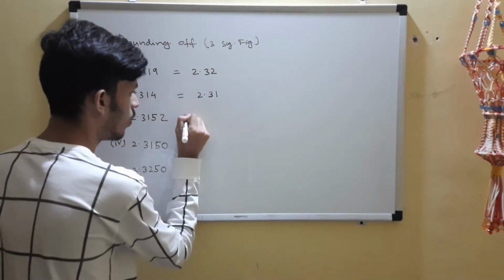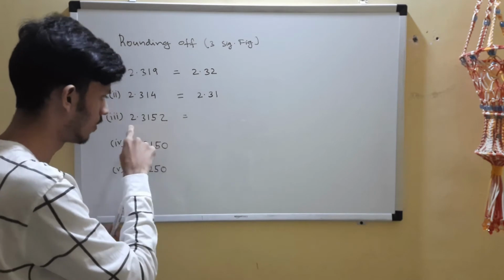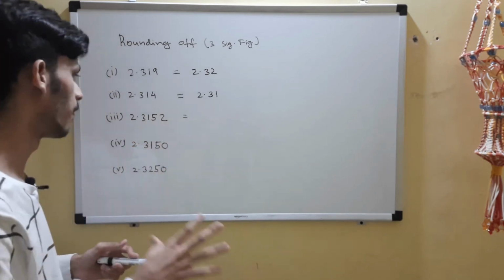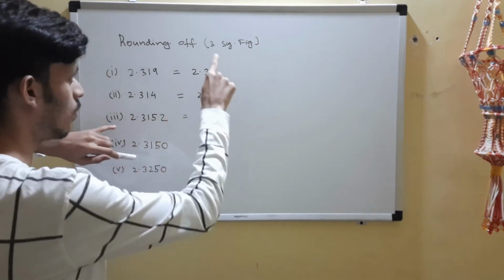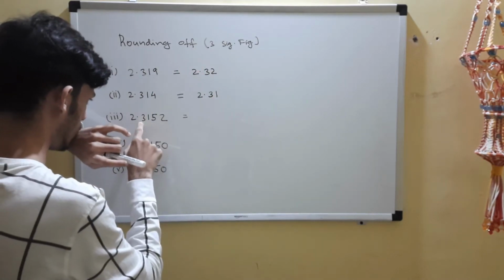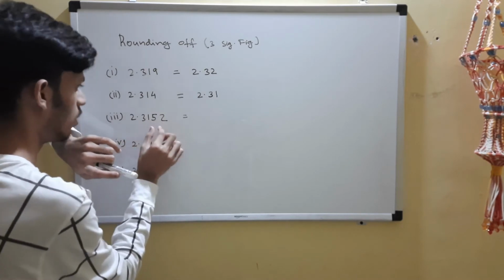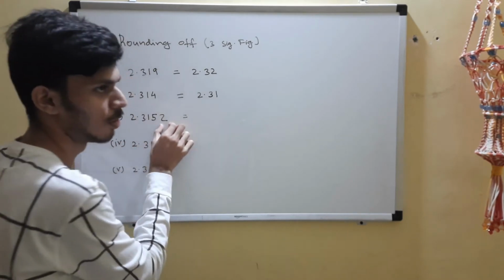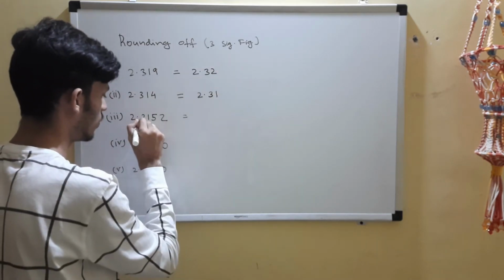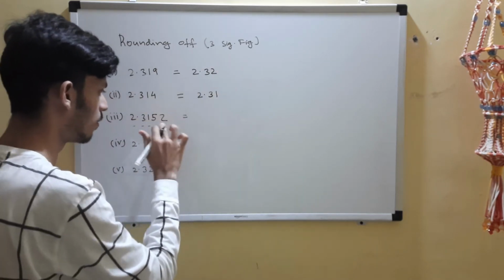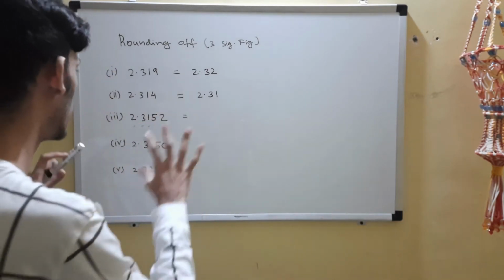Now we have to come to 3 significant figures. We have 1, 2, 3, 4, 5. Now the rule is, suppose we want 3. If you have 5 and then some digit followed by it, we want 1, 2, 3, and we will drop the 5 and the 2, and that may or may not create some changes, but let's see.